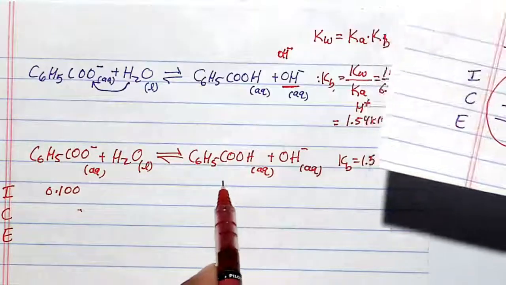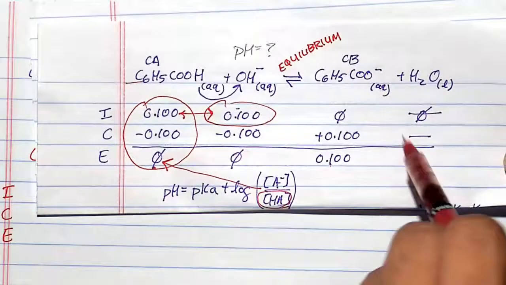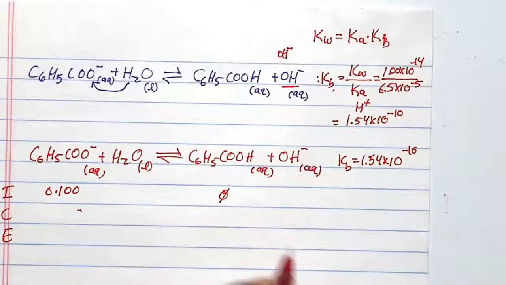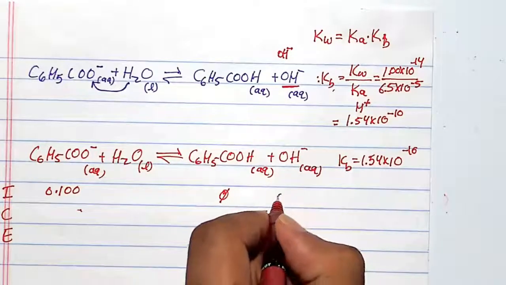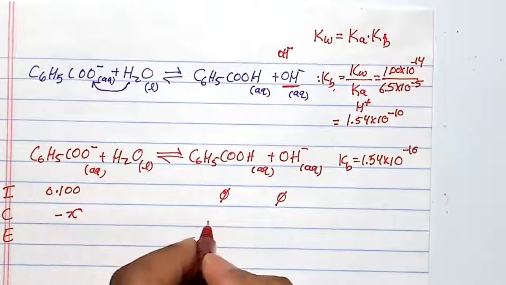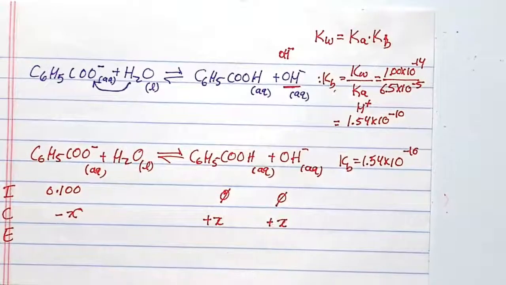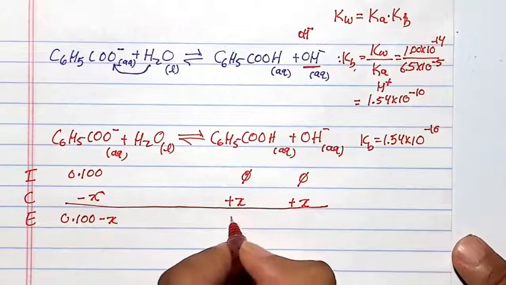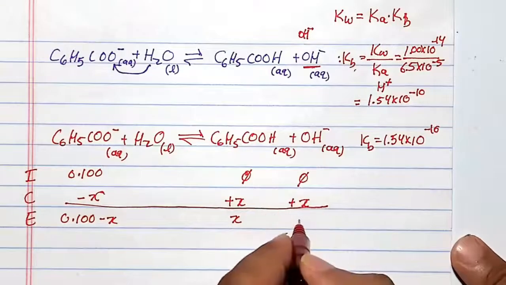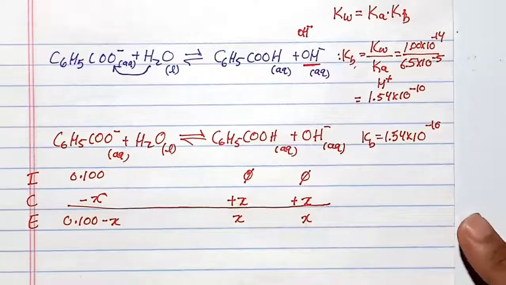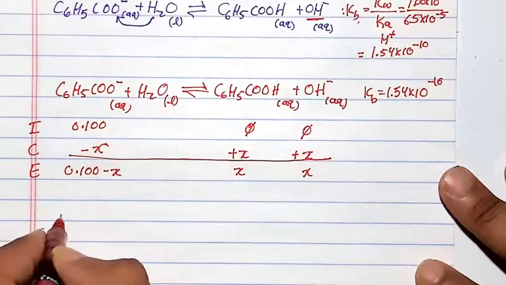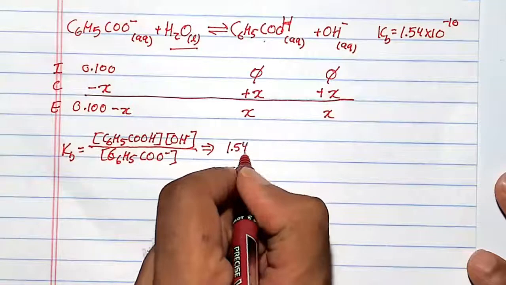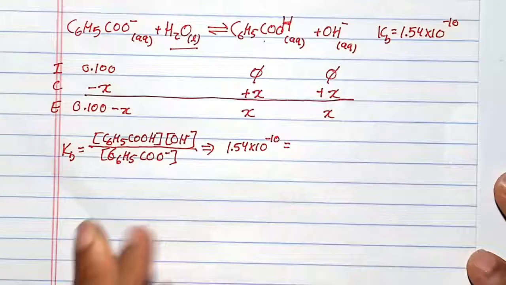So I'm trying to find the concentration of benzoic acid from some of this reaction going the other way. To do that, I'll label this as 0, and I will label this as 0 again. Minus x, this will be plus x, plus x. At equilibrium, I'll have 0.100 minus x. Here I'll have x, and my hydroxide ion will also be at x. My equilibrium constant, the Kb value, I have determined through my Kw expression as 1.54 times 10 to the minus 10.